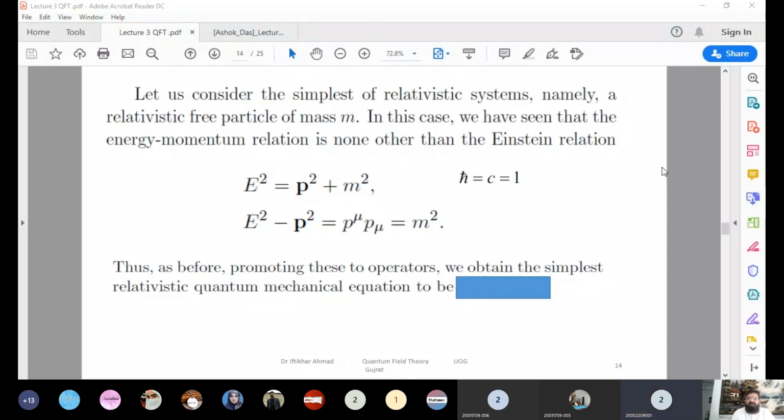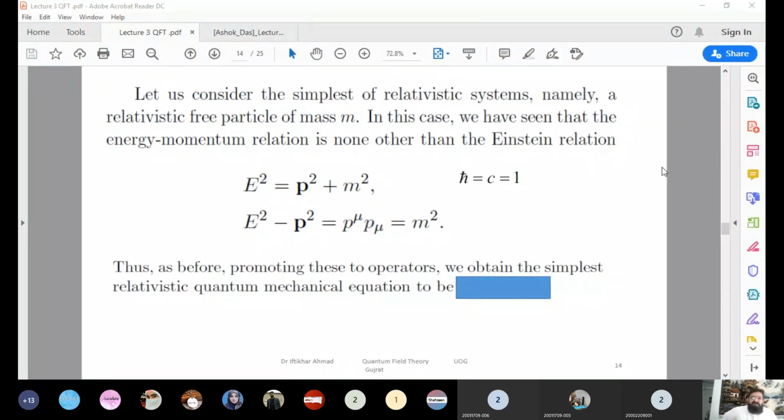In natural units we take c equal to 1. So we can get the form of mass from this equation, E square minus P square, which is also equal to P mu P nu, the contravariant and covariant forms of momentum.